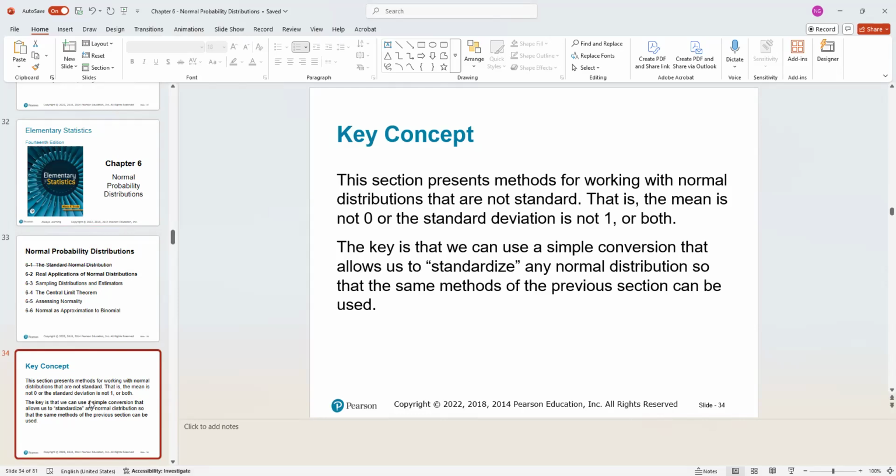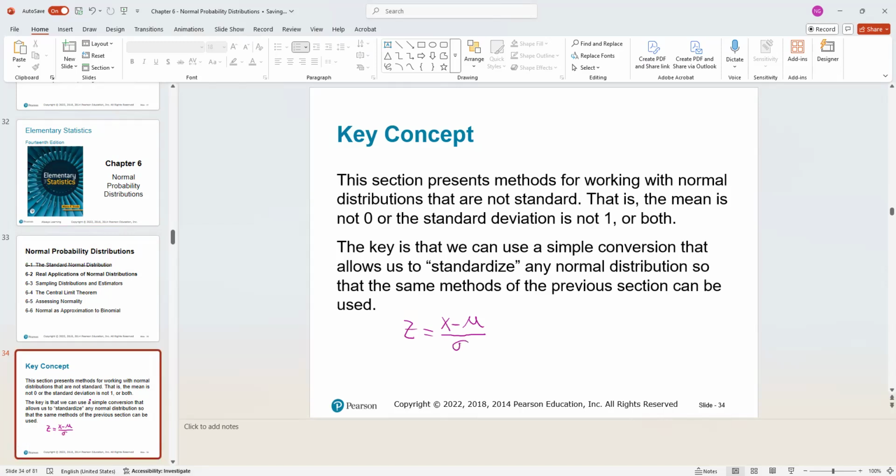So for us, the key is that we can use a simple conversion that allows us to standardize any normal distribution. Remember, I told you about this formula at the beginning, but we didn't use it. Any x value you have, you can convert it into z, then go back to the table.